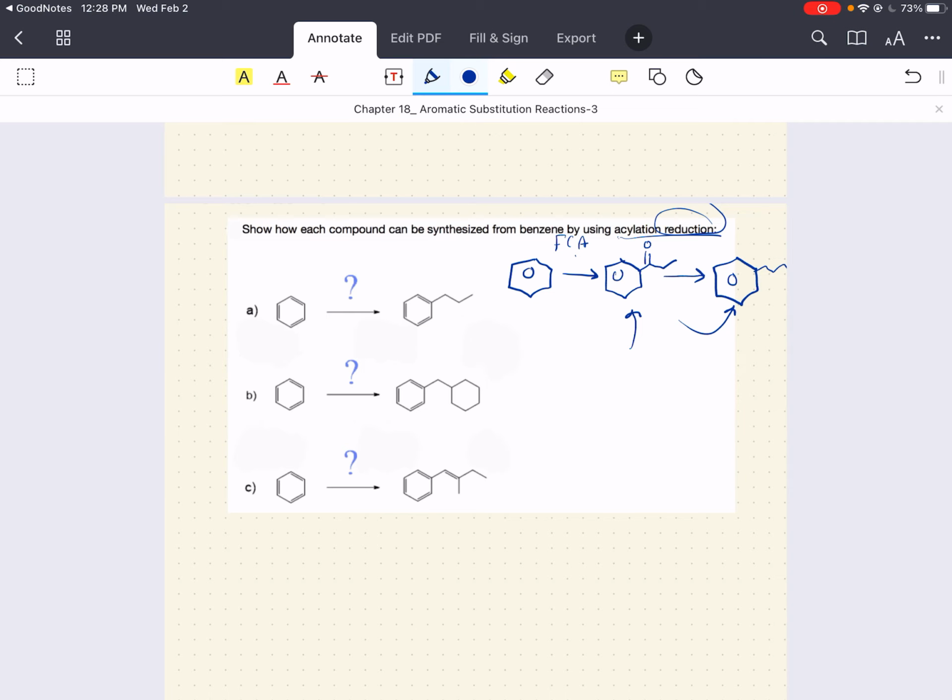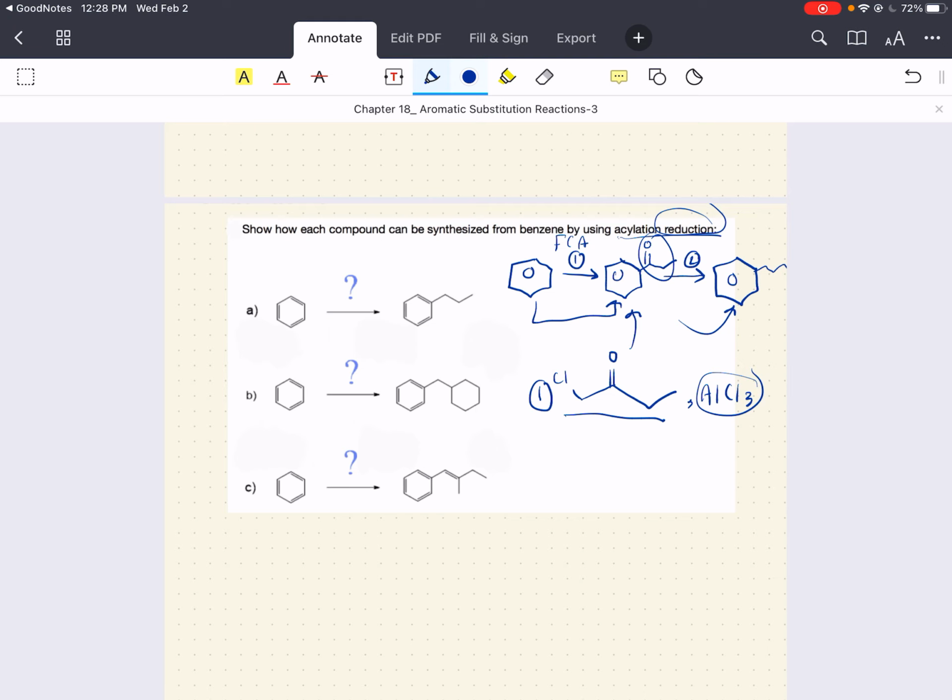Our first set of reagents is going to be something that looks like this. Exactly the acyl group that we want to add with a halogen attached. That's going to serve as our leaving group, plus aluminum trichloride. So for this first reaction, this Friedel-Crafts acylation, where we add this acyl group, the reagents that we need are this group and aluminum trichloride.